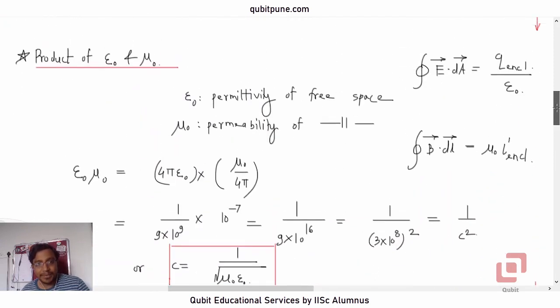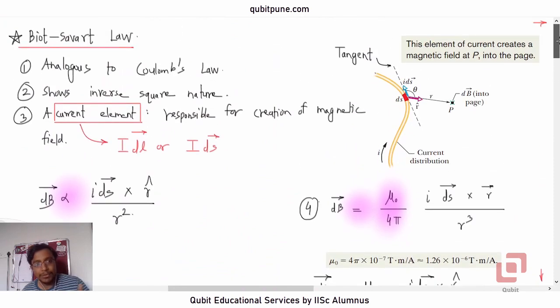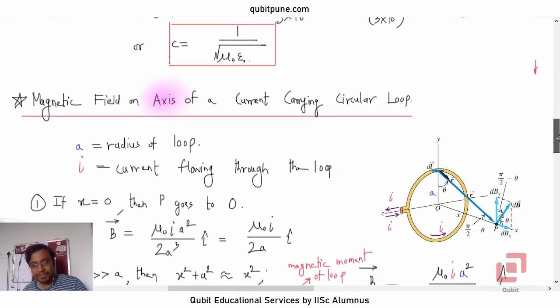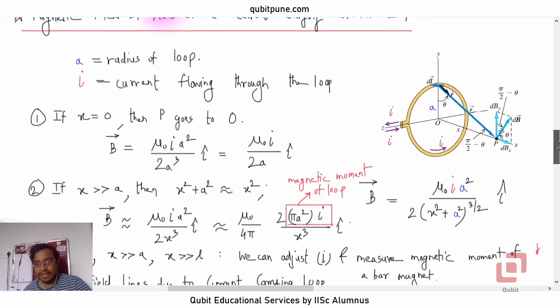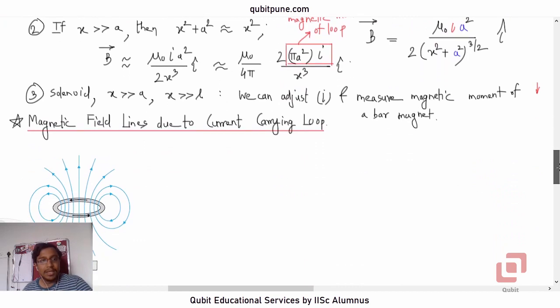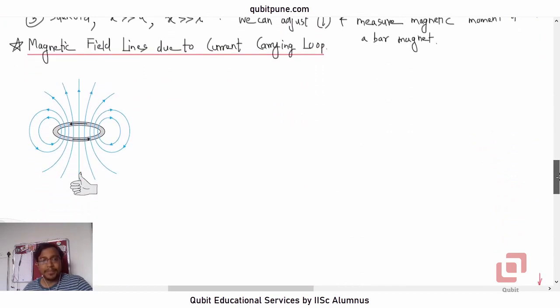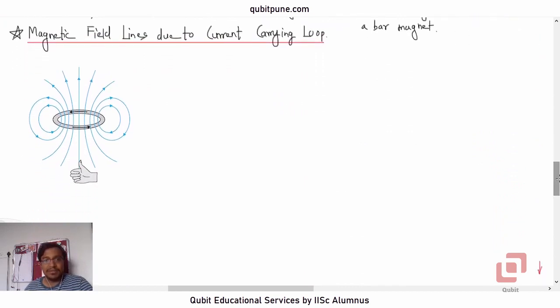So the development is: we know Biot-Savart law, we apply it here, we get this formula, and from that we get multiple sub-formulae. Now what about the direction? To determine the direction of the magnetic field due to a current carrying loop, we can refer to this figure.